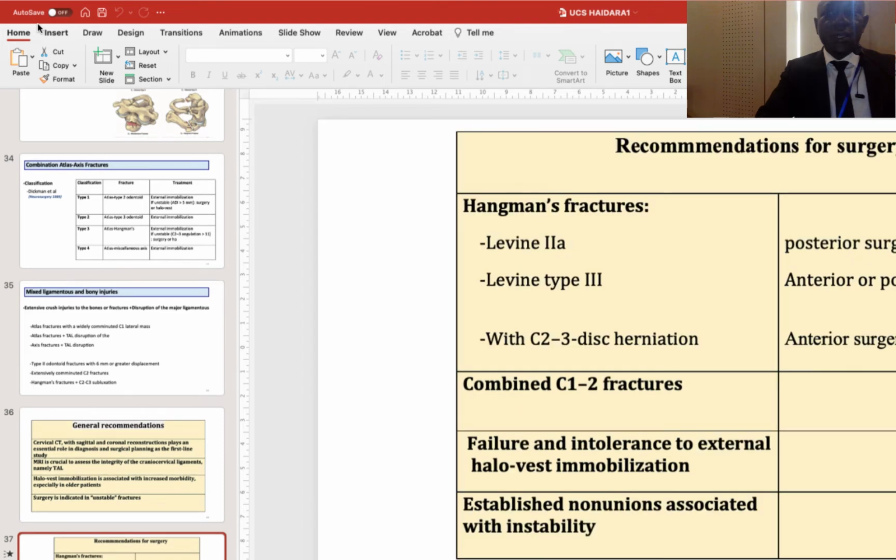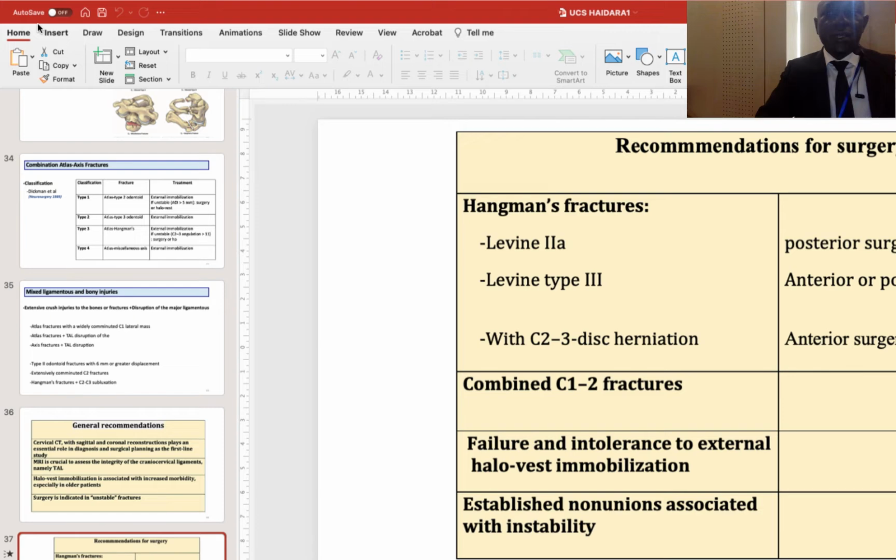For surgery, the ligament fracture, Levine type 2A and Levine type 3 require posterior surgery or anterior or posterior surgery, and when there is C2 or C3 disc herniation, anterior surgery is recommended.